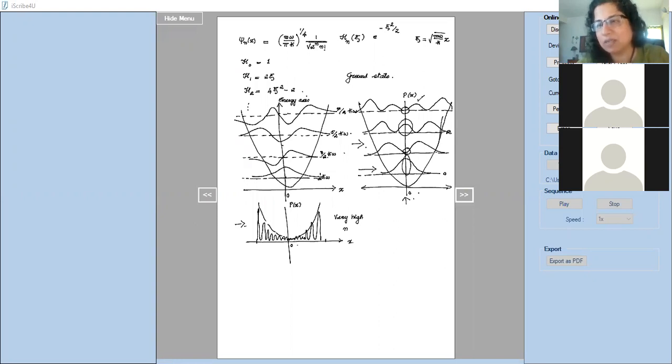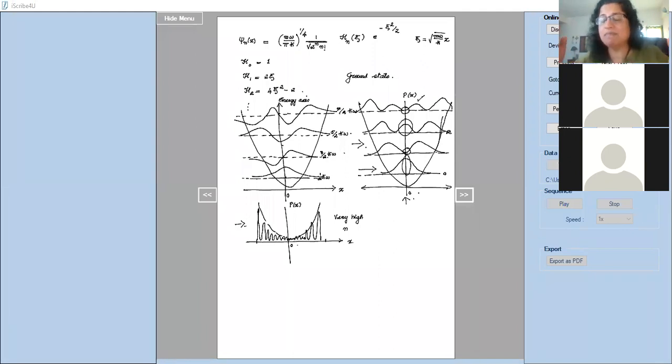If it has a high velocity, it will spend less time. If it has low velocity, it will spend maximum time. Now tell me how the velocity changes. It is maximum at the equilibrium, whereas it is minimum at the extremes.